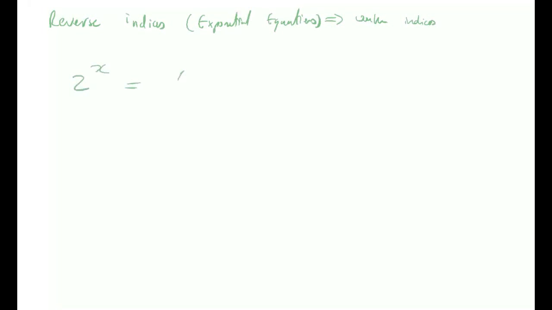So reverse indices. It's called exponential equations, unknown indices. So 2 power x is equal to 64. What is x?